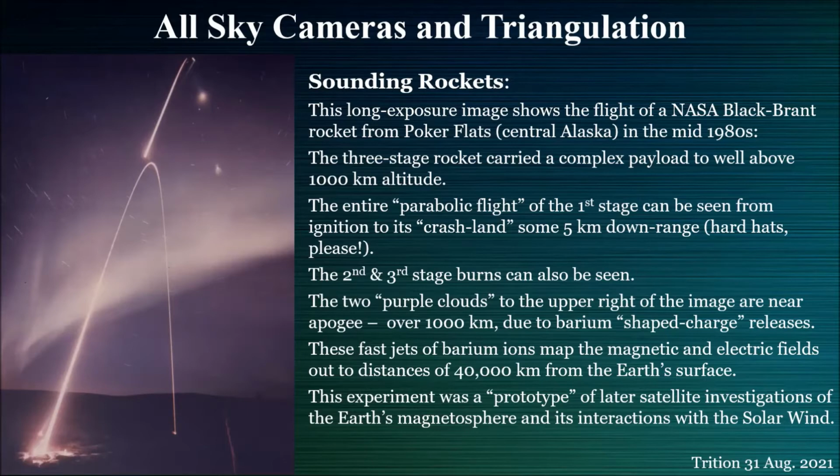So you're not only depending on the sunlight to create the ionization. Using these techniques, we're actually able to create fast-moving jets which can be tracked all the way out to the equator and beyond. So we can explore the Earth's ionosphere and magnetosphere out to distances of the order of 40,000 kilometers using these techniques.